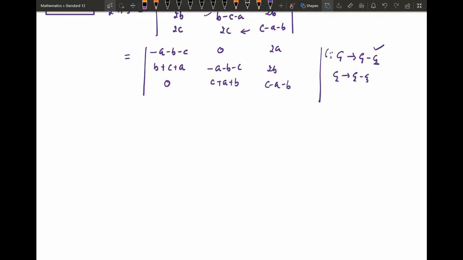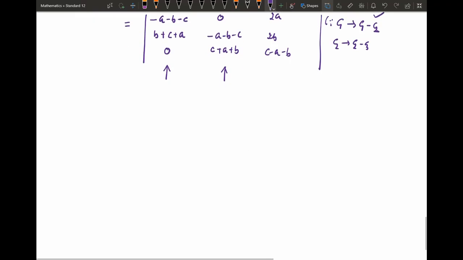So you can observe from first column we can take A plus B plus C common. Similarly from second column also we can take A plus B plus C common. So let us take from first column A plus B plus C common. So inside there will be minus 1, 1, 0.